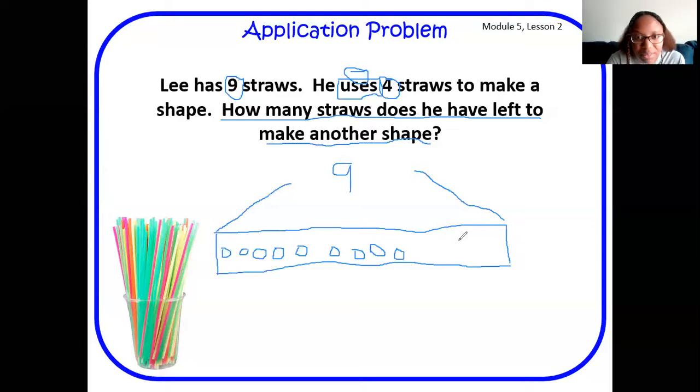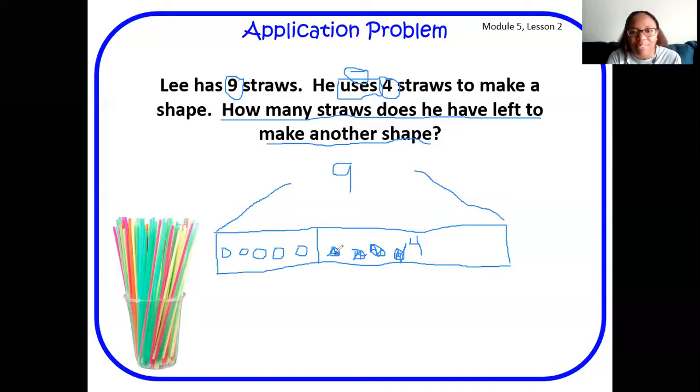Okay, I have extra space in my box, but that is okay. He uses 4 straws. How many straws does he use? He used 4. Now I see I have my 4 here, so I'm going to draw a line in the middle. I'm going to write the number 4 over here because I know he used 4 straws. And to help me out, I can color these 4 straws in to my best abilities to remember that those are the 4 straws that he used.